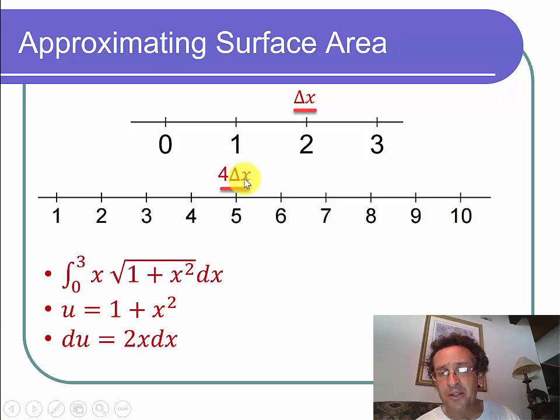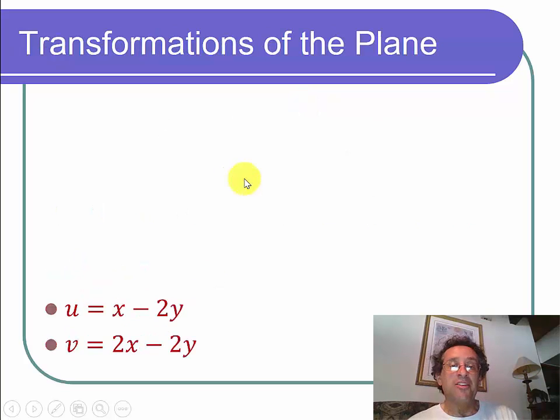So what we want to do is take this idea of U substitution, which changes the line interval to another line interval, but also talks about how you're stretching in different locations. And we want to bring that to a discussion in R2. So now let's suppose we have a transformation of the plane.